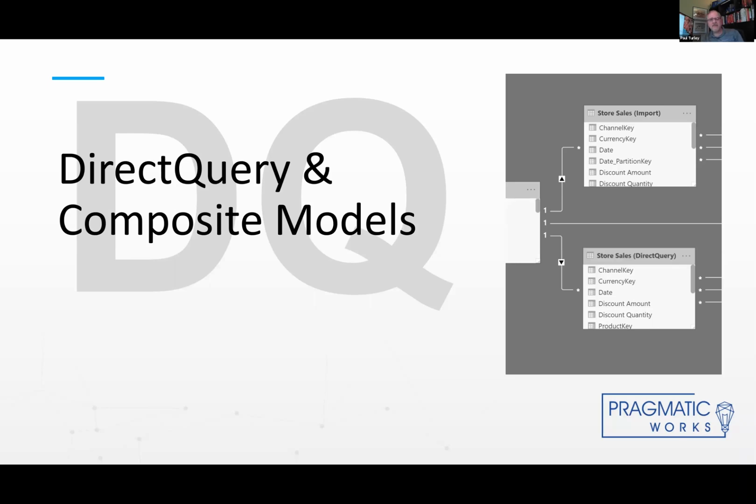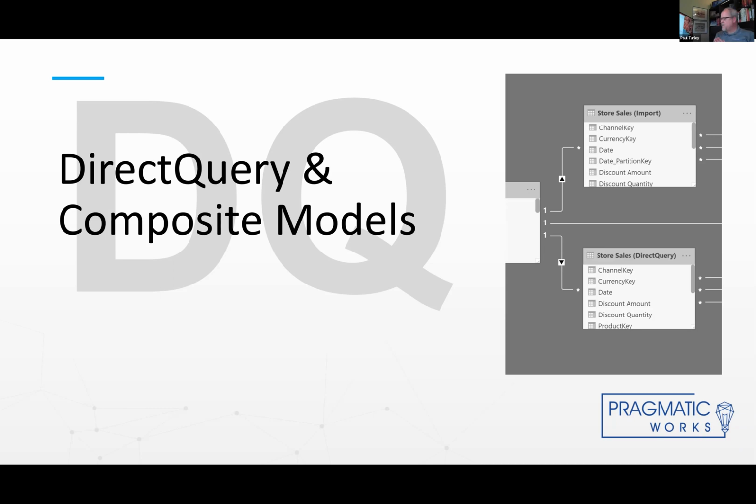Now, there are pros and cons here. Generally speaking, direct query is slow and limiting. However, if you have data that changes very rapidly and it's important to see those changes, direct query might be a good choice in that very special use case. Or if you have very, very large tables, and we're talking billions, trillions of rows, then direct query might be a better option than building tens of gigabytes, hundreds of gigabyte PBIX files.